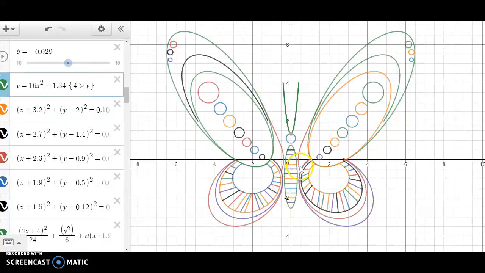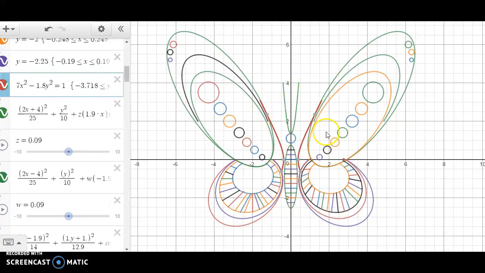I also used a hyperbola in my image, and the hyperbola was 7x squared minus 1.8y squared equals 1. I also put several constraints on this to make it fit into my butterfly and not mar the image.